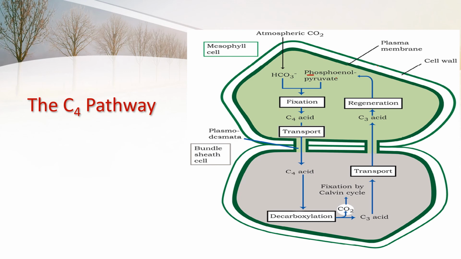It is transported from bundle sheath cells to mesophyll cells, undergoes regeneration, and again forms phosphoenol pyruvate, and the cycle is repeated. So the whole process is taking place in the bundle sheath cells.